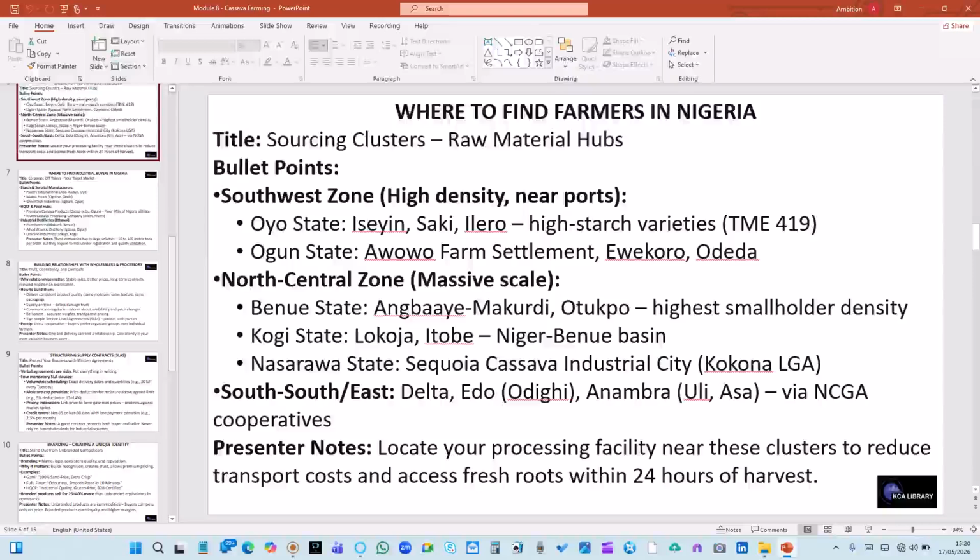In Ogun State, we have Awowo Farm Settlement and Ekereko, located in Odeda. Then North Central, massive scale, we have Benue State, located in Makurdi, characterized by high smallholder density. In Kogi State, Lokoja precisely, we have Itobe, that is the Niger-Benue Basin.